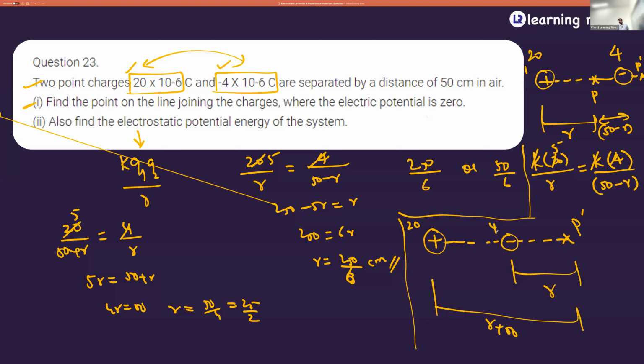So due to the 20 microcoulomb charge, what is going to be the potential at point P dash? K into 20 divided by 50 plus R, or R plus 50, should be equal to K into 4 divided by R. That's what I wrote. When you solve for it, you will get 25 by 2. So 25 by 2 is the distance from the 4 microcoulomb charge.